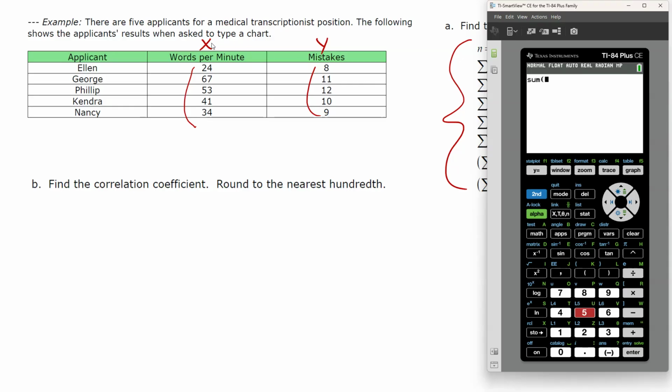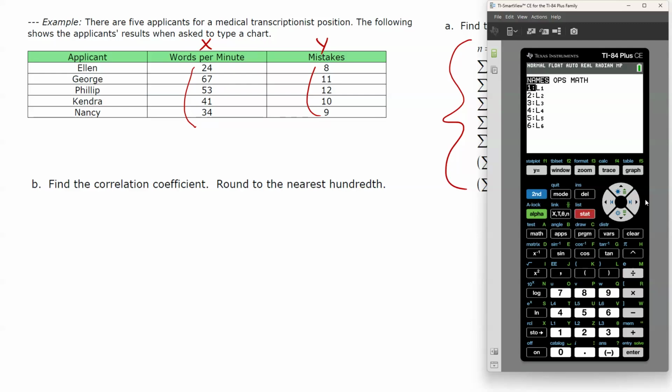Now I put all of my X in my list number 1. So now I'm going to select my L1. So second stat, select L1. I want the sum of all of my X, and I'm going to press enter.